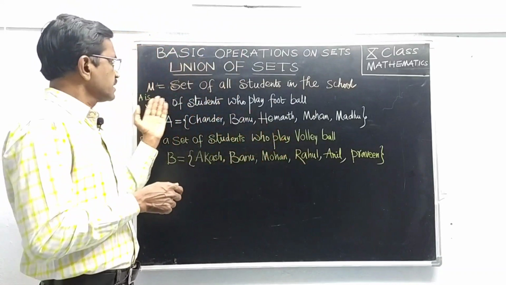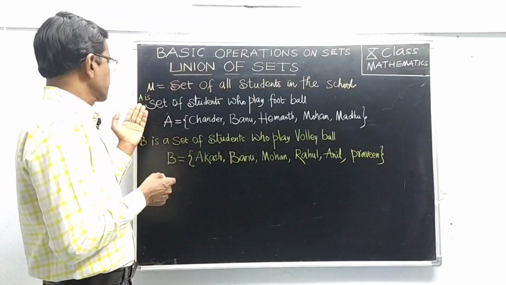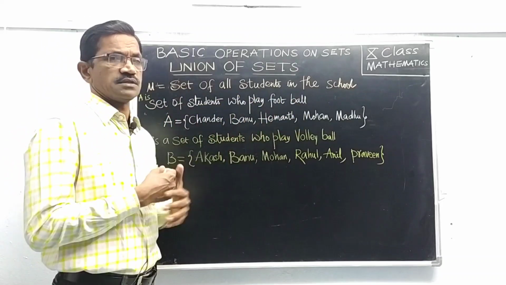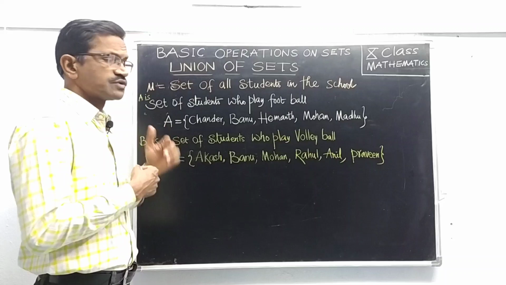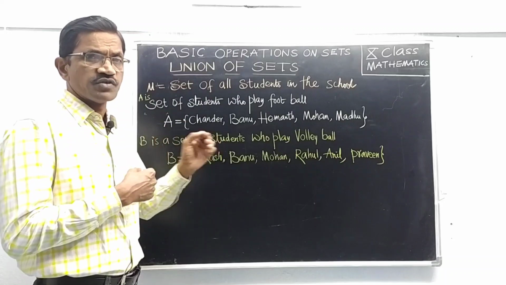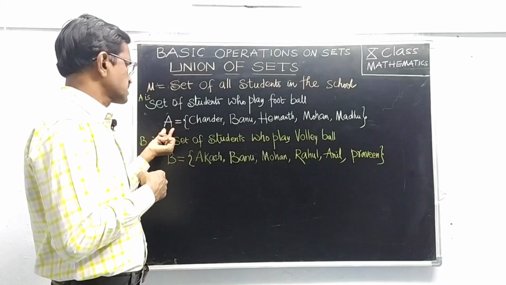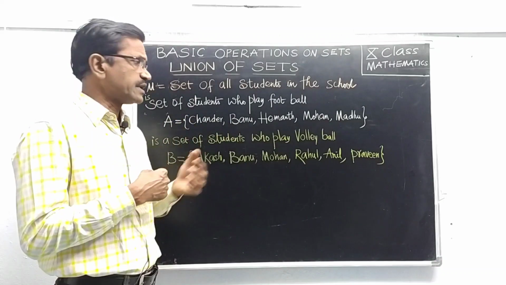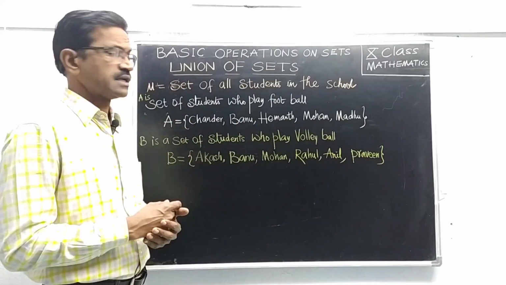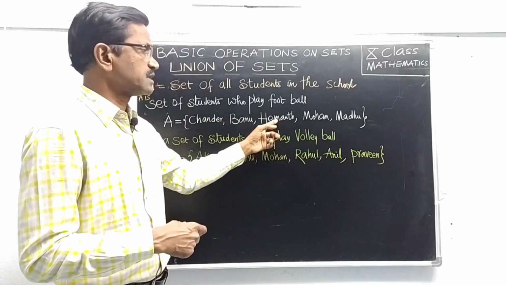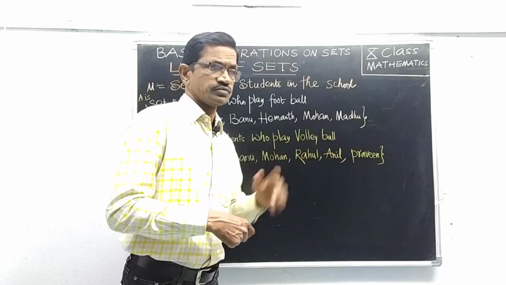So, in that school, A is the set of students who play football. Let us select some students to play football from this school. Of course, there are some students selected for a tournament. So A is equal to Chandar, Banu, Hemant, Mohan, Madhu.